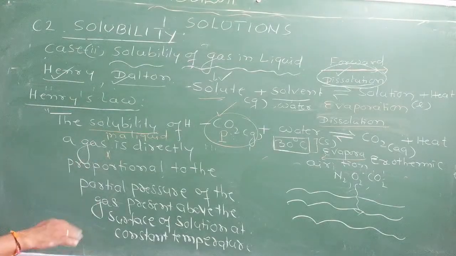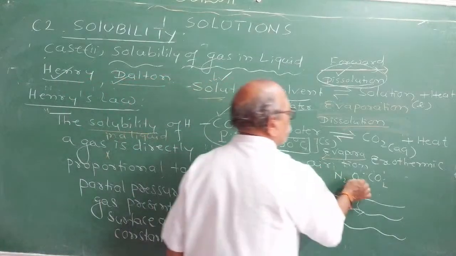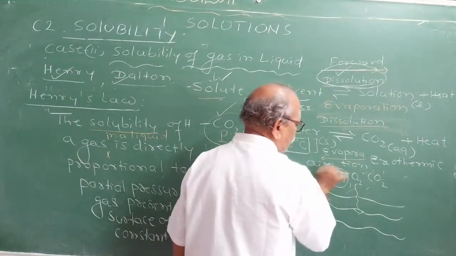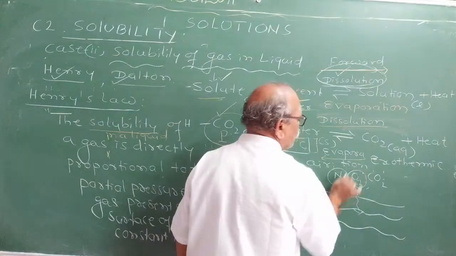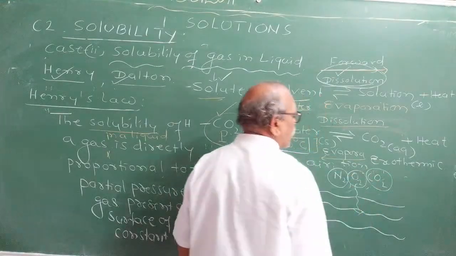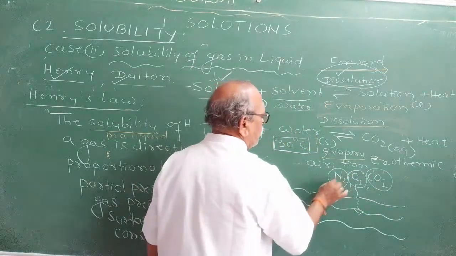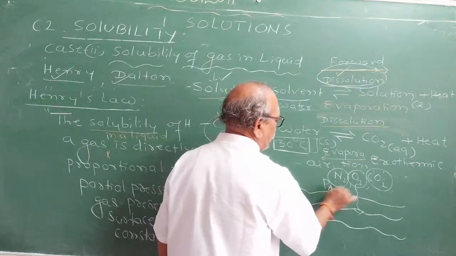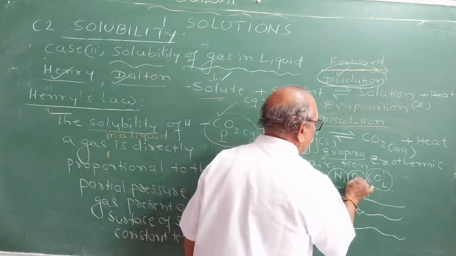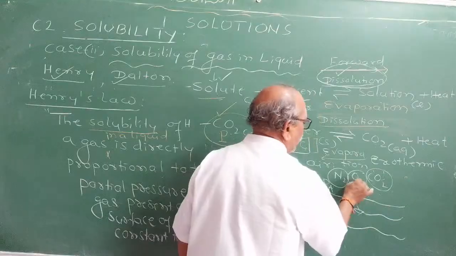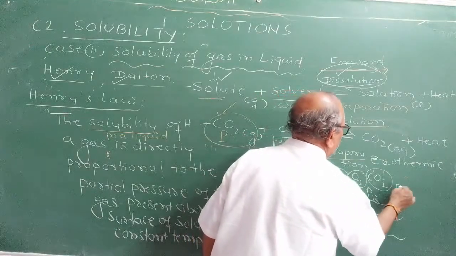What do you mean by partial pressure? Partial pressure means part of the pressure. Nitrogen will have some pressure, oxygen will have some pressure, carbon dioxide will have some pressure. Say the partial pressure of nitrogen is PA, oxygen is PB, and carbon dioxide is PC.